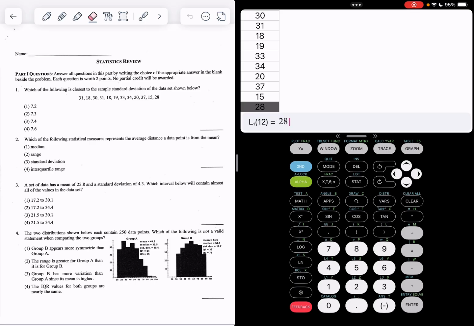Okay? I always just count, so there's 12 data points. Then I have to make sure I enter the last one, so I would enter the last one on your TI-84 too.